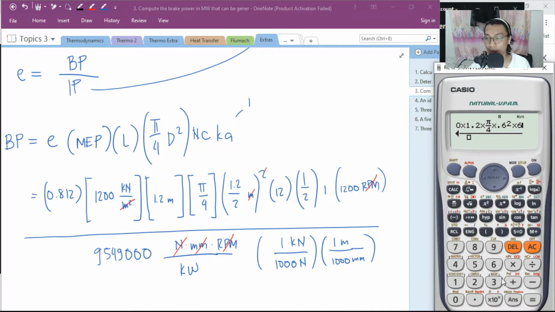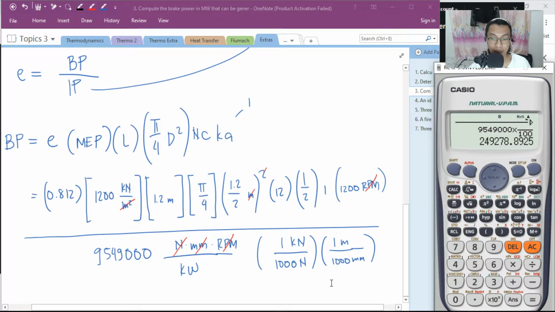Simplify mo na kapag kaya. Times 1,200, divided by 9,549,123, times 1 divided by 1,000 squared, 1,000 times 1,000. Okay. Ang lalabas is kilowatts.